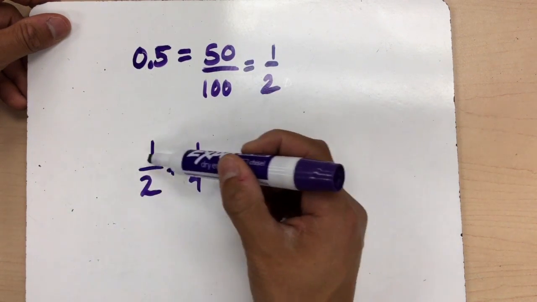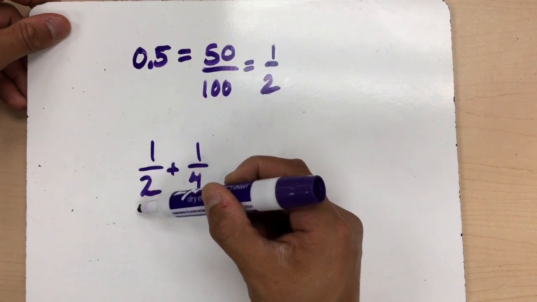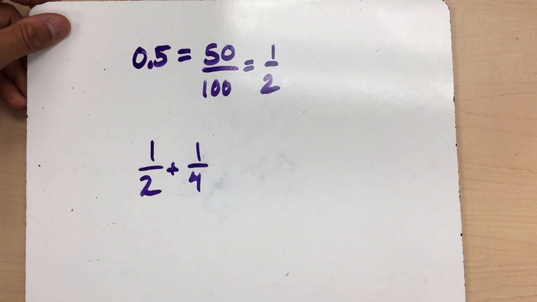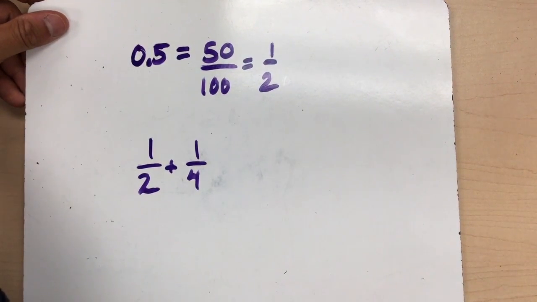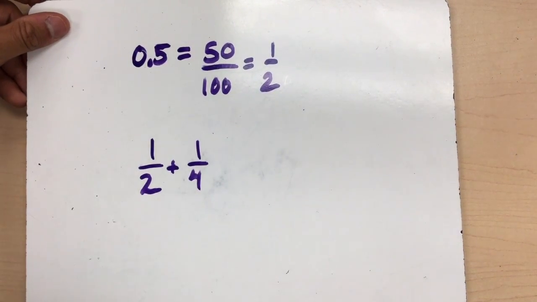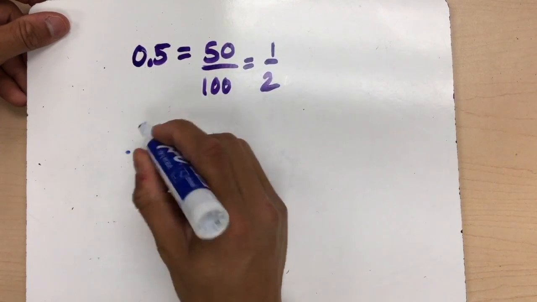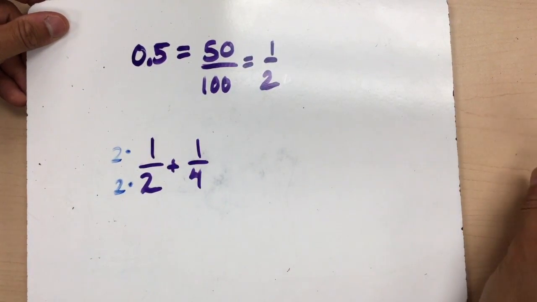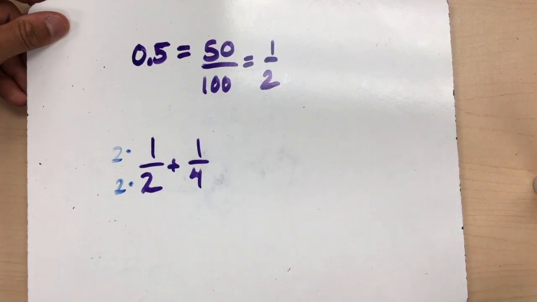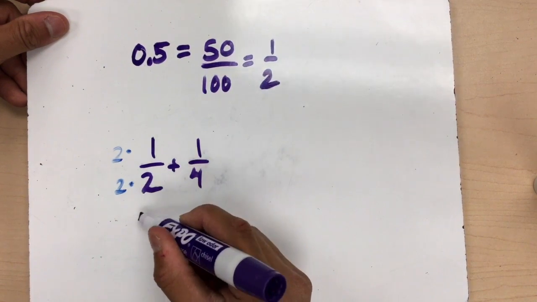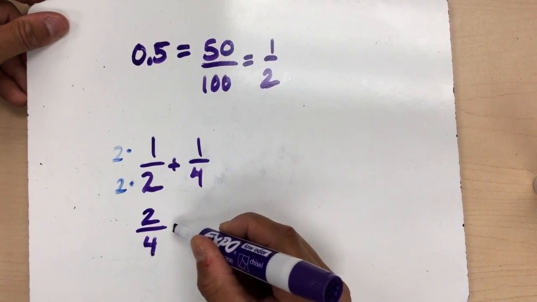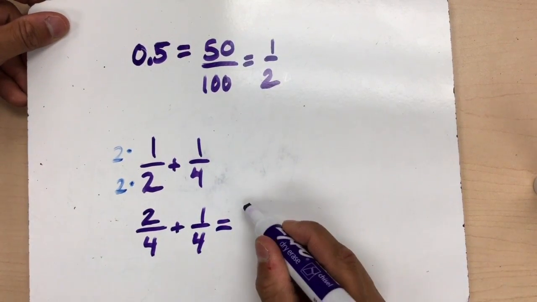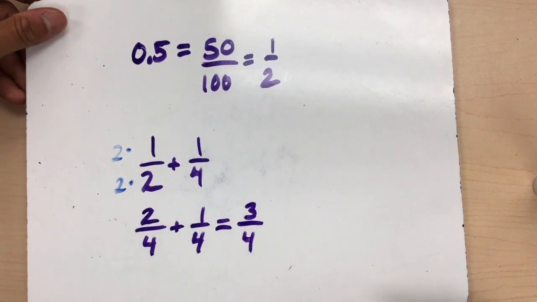And so in order to make my common denominator equal, I have to multiply this by 2 on the top and on the bottom. That would give me 2/4 plus 1/4, which is equal to 3/4.